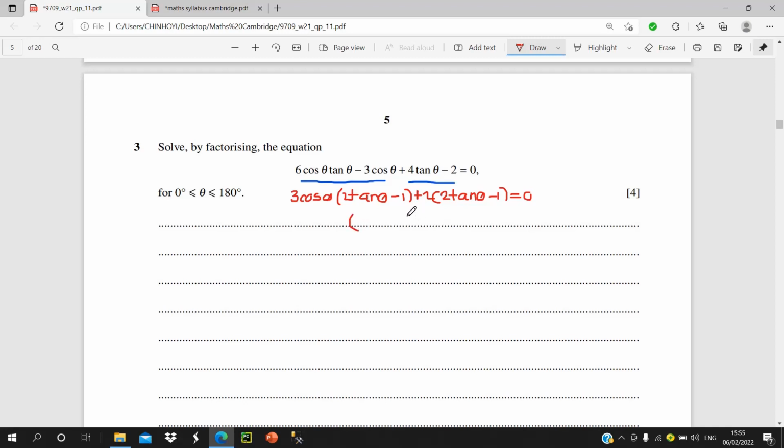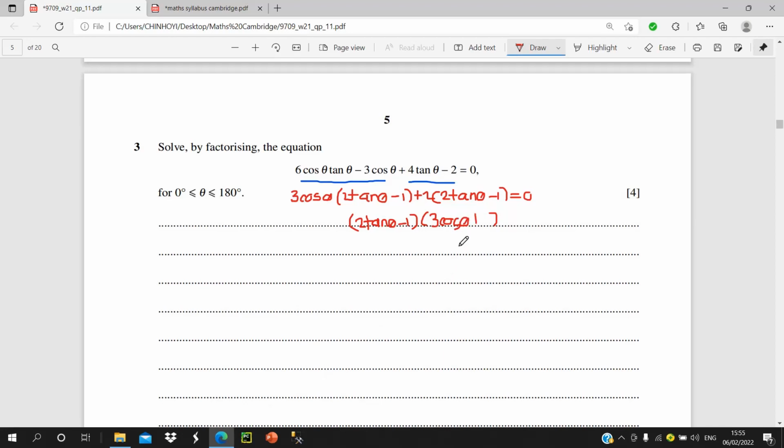We are going to take that bracket, 2 tan theta minus 1, and then remain with 3 cos theta plus 2.